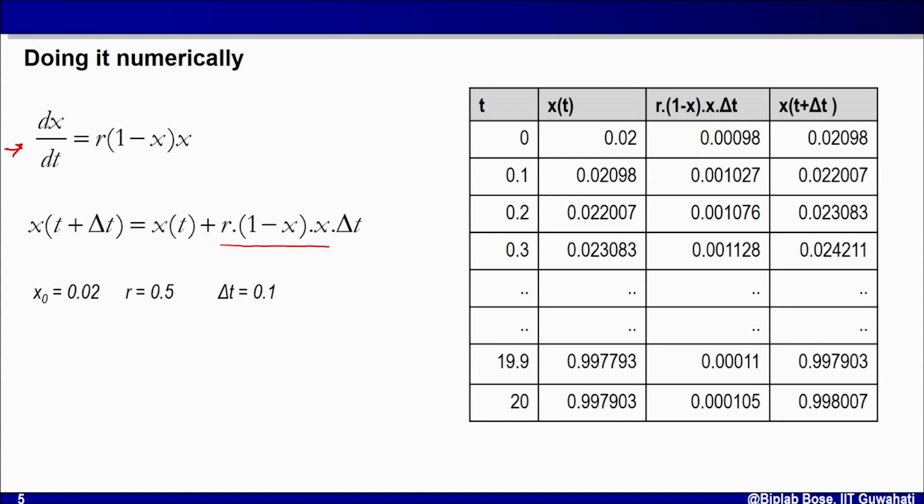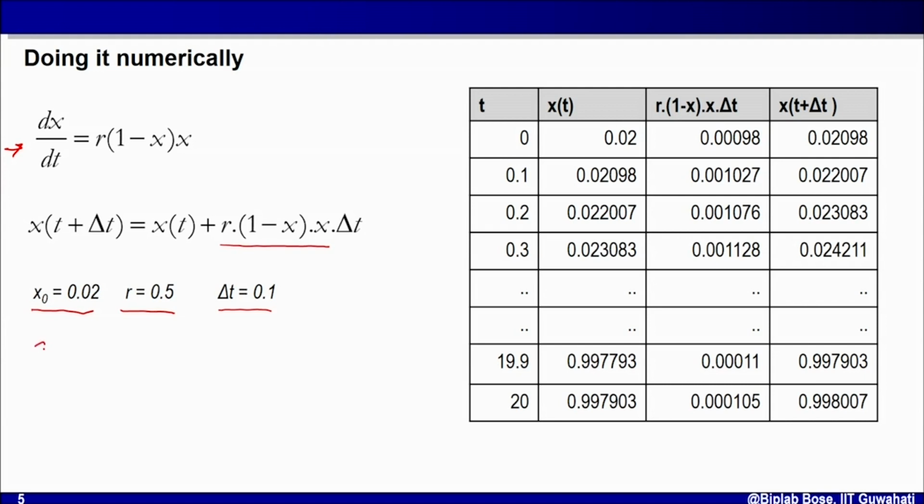If you remember, to solve we require initial condition. So x naught at t equal to 0 is 0.02, r is 0.5, and delta t, the steps of time that we will take, is 0.1. Okay. So now at time t, x is equal to 0.02.